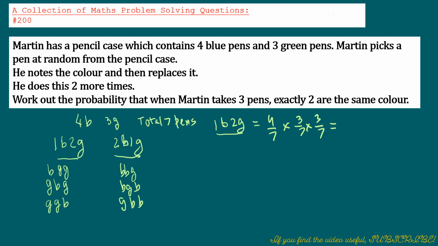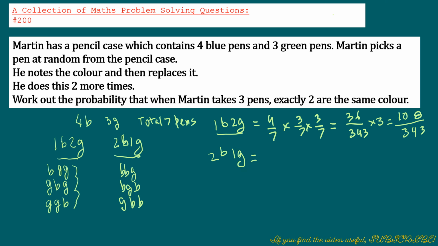So that would give us 4 times 3, 12, times 3, 36 out of 343. Now this is done thrice. So there are 3 ways to do 1 blue and 2 green. So we have to multiply it by 3 and we would get 108 out of 343.